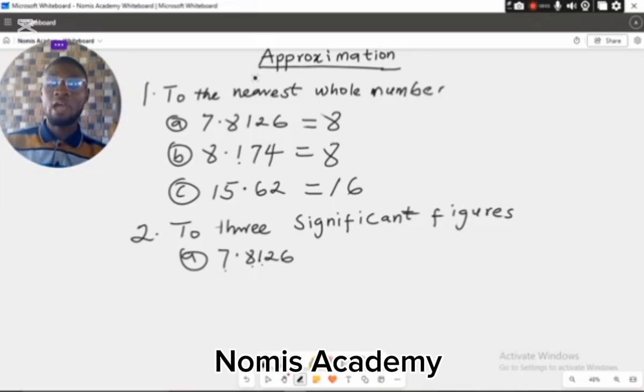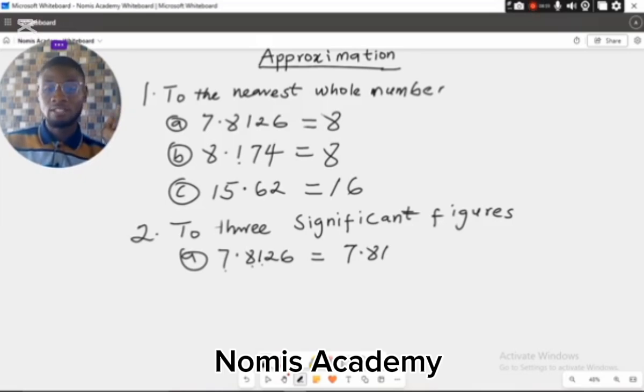So since we have 2 after 1, which is the third significant figure of this number, we approximate 2 to be 0. So this becomes 7.81. We only have three significant figures here. So this is 7.81 to three significant figures.